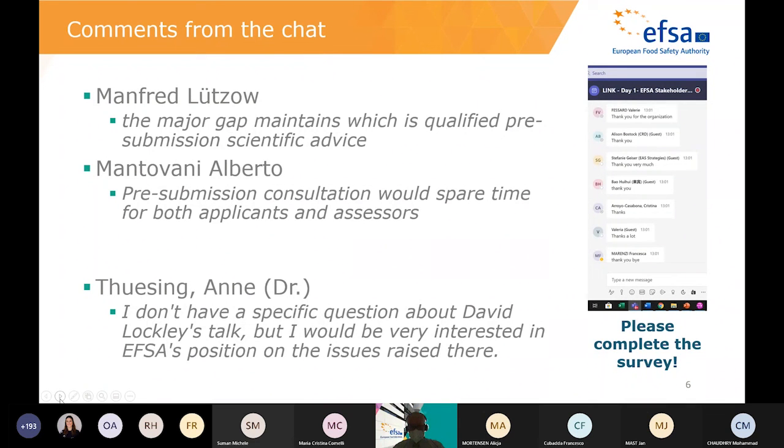There was also a comment that would be very interested to see the EFSA position for a particular substance, titanium dioxide. There are several ongoing assessments for metals in nanoforms. The EFSA position is clear, it is in the scientific opinion that has been adopted and published by the relevant scientific panel. So that's clear.